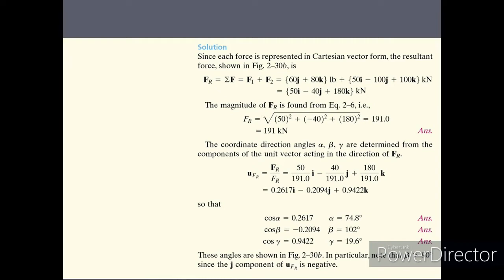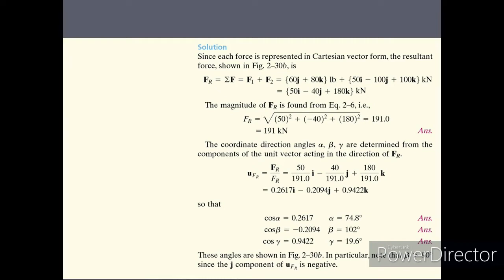That's exactly what we did here. We expressed the unit vector, which is the vector over its magnitude. We know the magnitude, and this is the vector, so this over the magnitude, like that. And then it means the coefficient of i is cos alpha, the coefficient of j is cos beta, and that of k is cos gamma. And then we can get alpha, beta, and gamma.